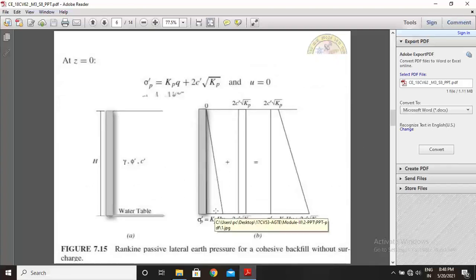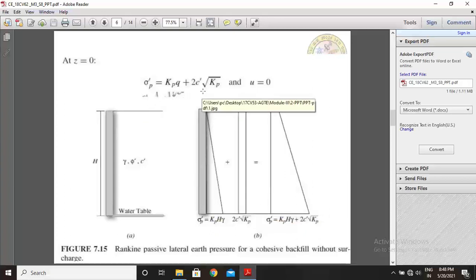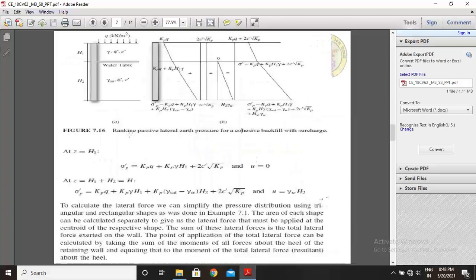So now you calculate the passive earth pressure at a depth z. Sigma p dash is given by Kp into Q plus 2c times root Kp, and u is 0. Now at a depth z equal to H1, the passive earth pressure sigma p equals Kp into Q plus Kp times gamma into H1 plus 2c into root Kp.